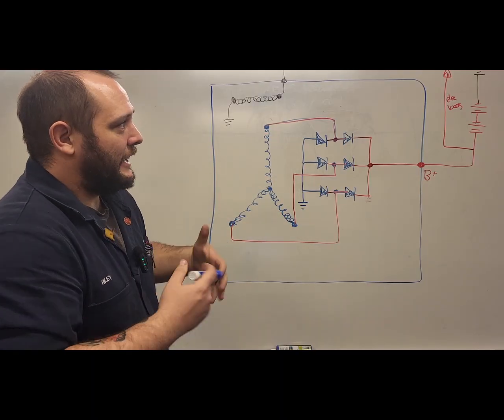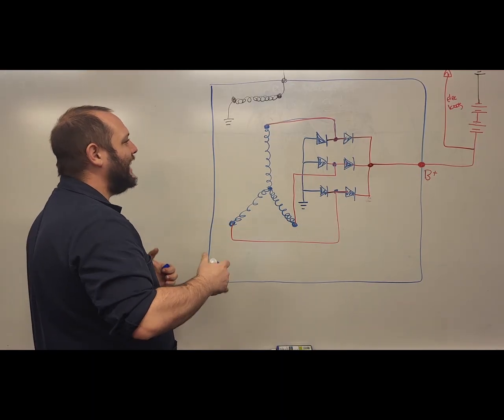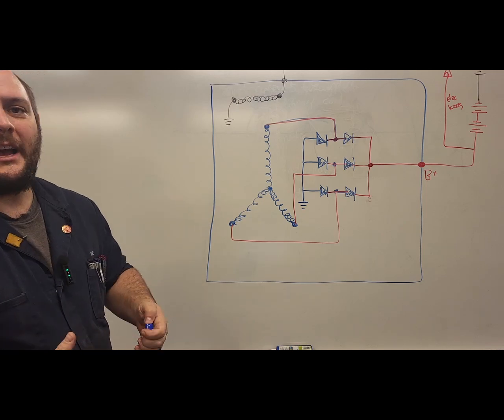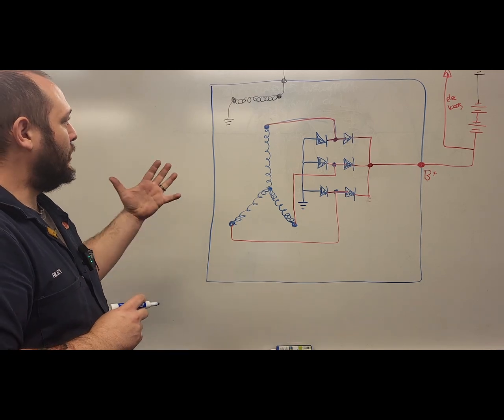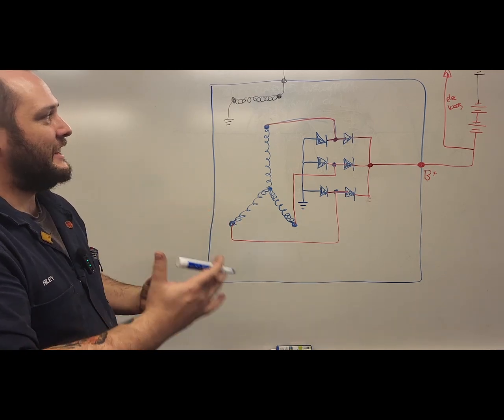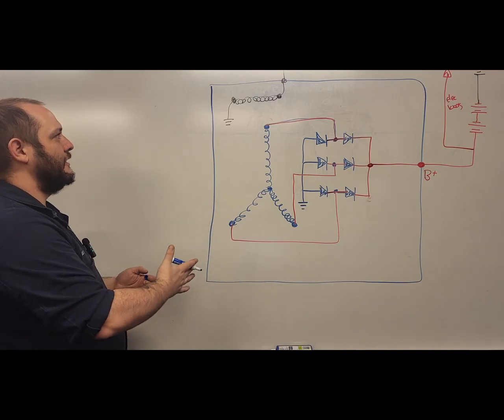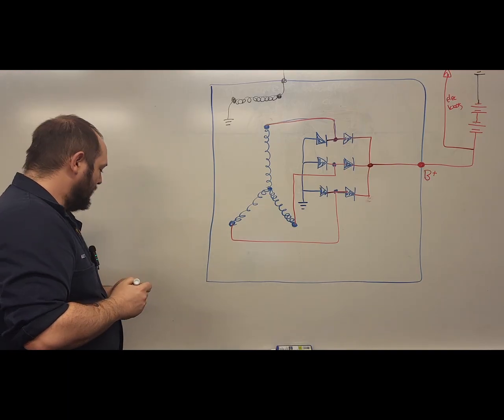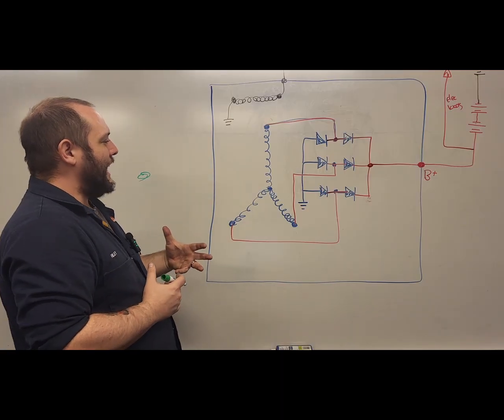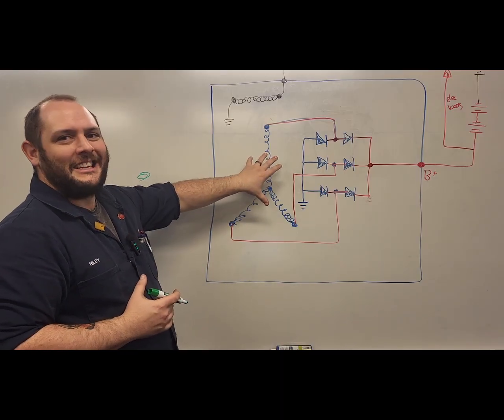So, the effects of a regular diode: at any given moment, we have to appreciate the speed at which this is all taking place. But if I was to take a snapshot of this particular alternator's operation, at any given moment I'm going to be acting on 2 legs in series.